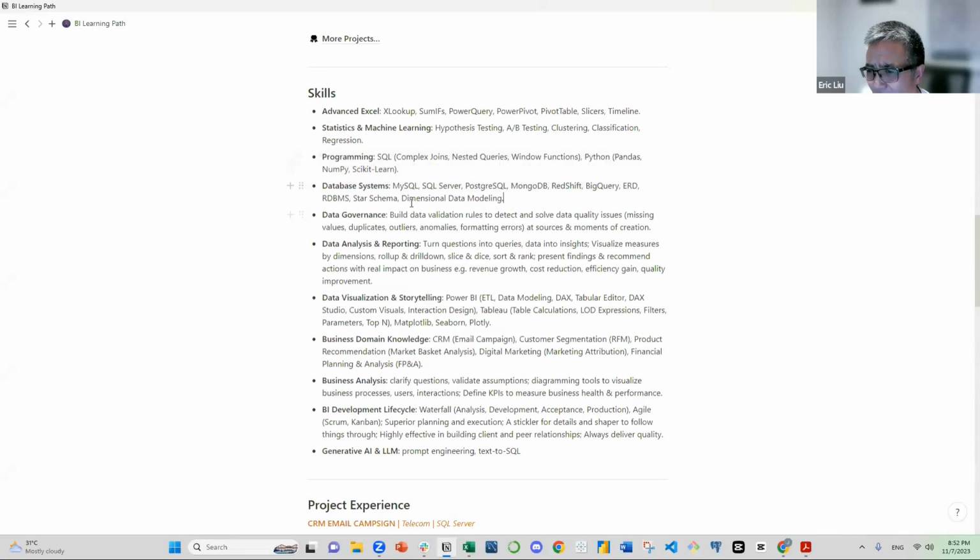But if you write, let's say, dimensional data modeling, star schema, that shows you understand data modeling or data model or data structure. Or if I use the fancy word, you understand data architecture. So this is important for that reason. Okay, and I explain why you need to put two separate bullets.